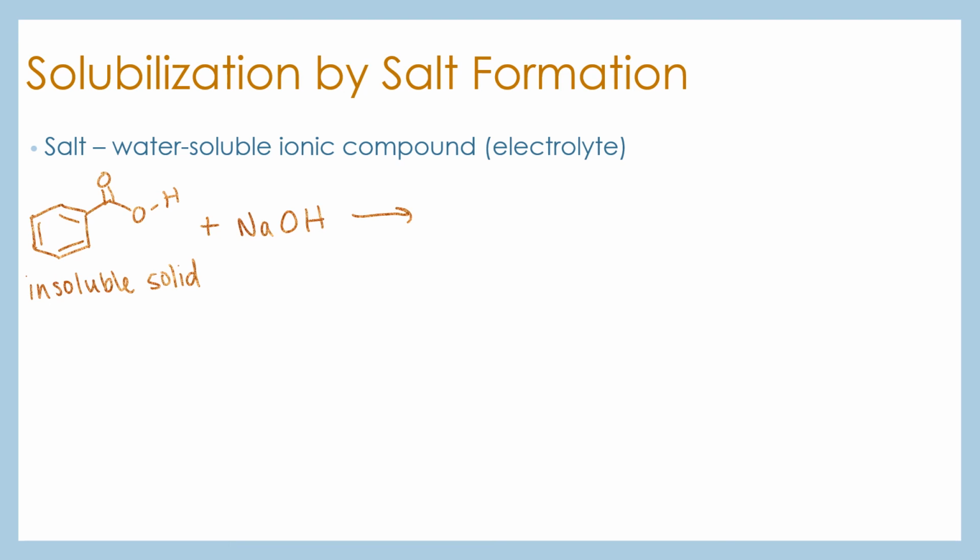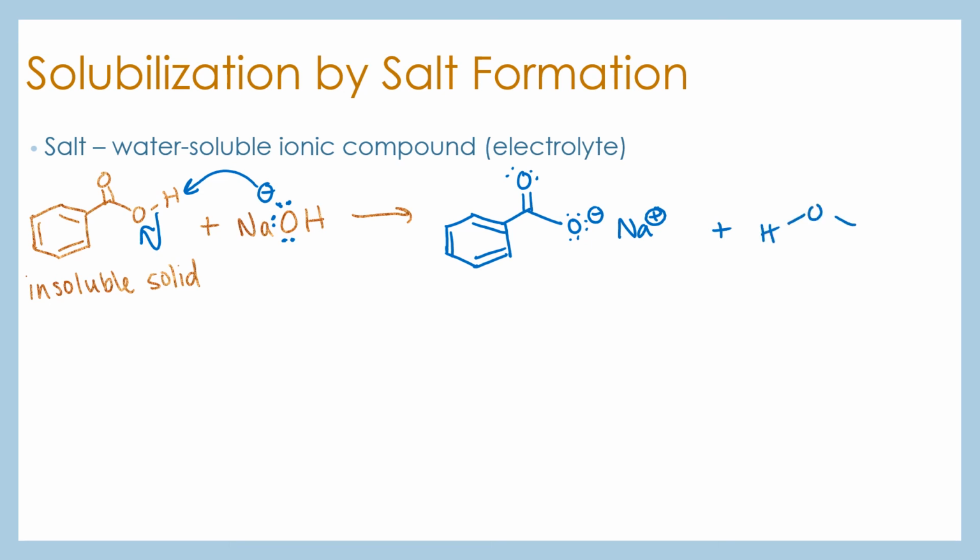And what this is going to do is allow the hydroxide to remove this proton so that you end up with benzoate, the conjugate base, with the counter ion sodium. So it's now sodium benzoate plus water. And having this ionic species here is going to make this much more water soluble.